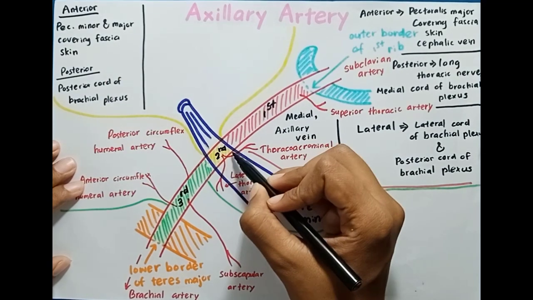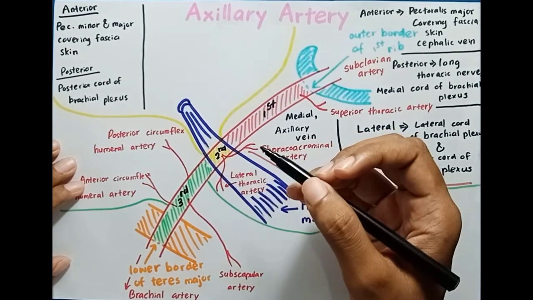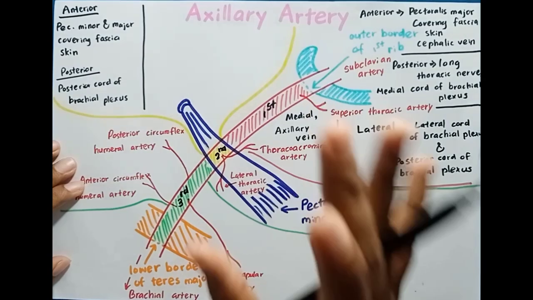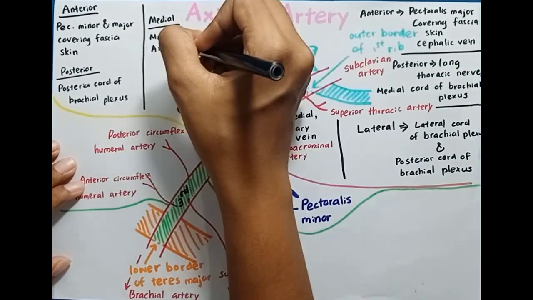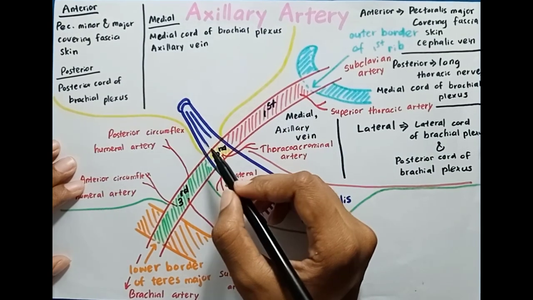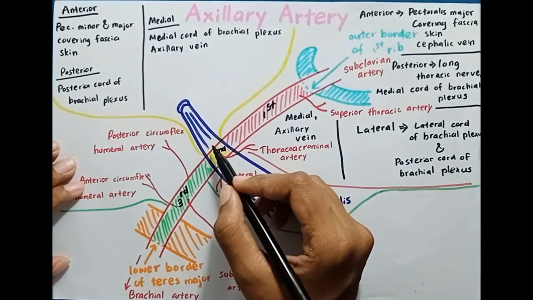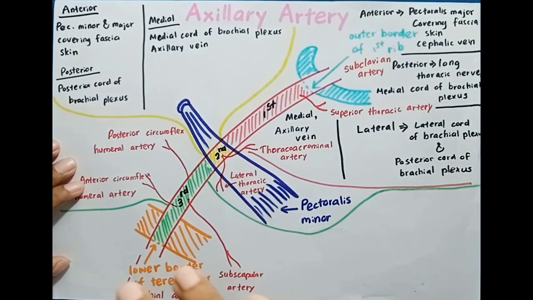Medially, the medial cord of the brachial plexus and the axillary vein are present. Laterally, the lateral cord of the brachial plexus is present.